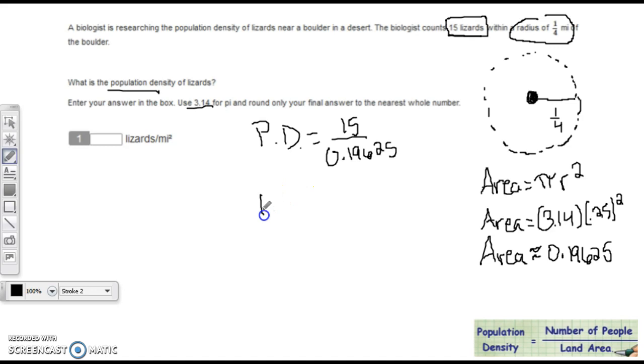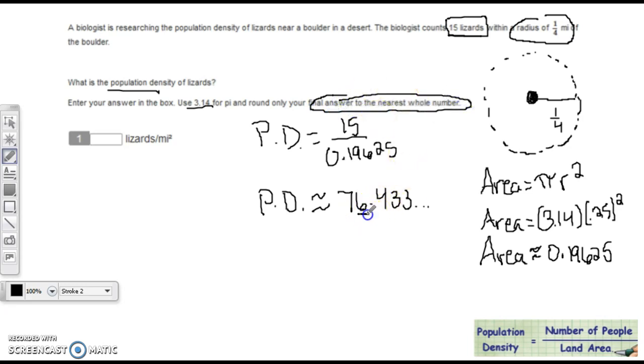Okay, so I got that the population density is approximately 76.433, yada, yada, yada. And it says to round your final answer to the nearest whole number. So if we want to go to the nearest whole number, we look at the decimal behind it, and that 4 is going to keep that 76 the same. So there's about 76 lizards per square mile.